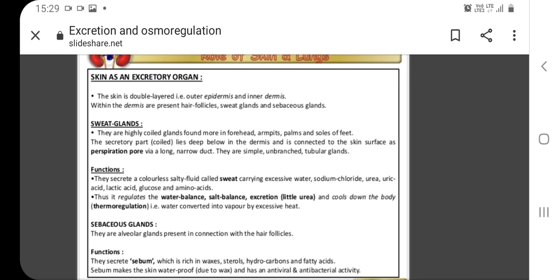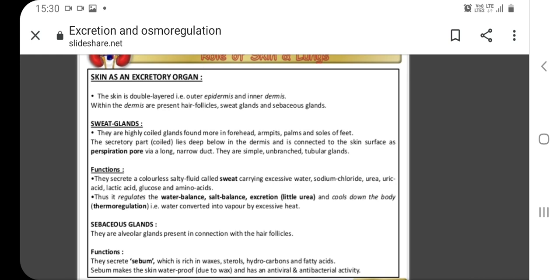Thus, it regulates the water salt balance, excretes little of urea, and cools down the body, plays a major role in thermoregulation. That is, water is converted into vapor by excessive heat.